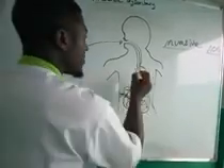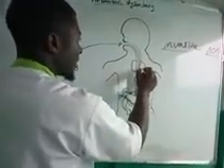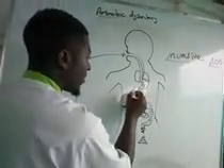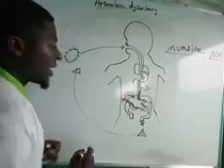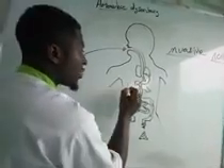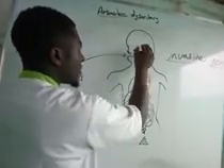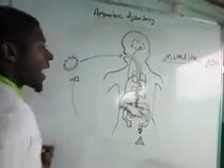From the bloodstream, it will pass. This is where our lungs are, and after the lungs, around this area, we have the liver. Now, the cysts will migrate into the liver, some will migrate into the lungs, and some again will migrate into our brain.